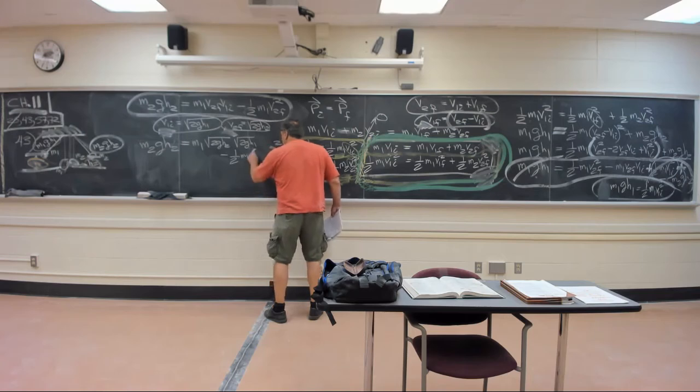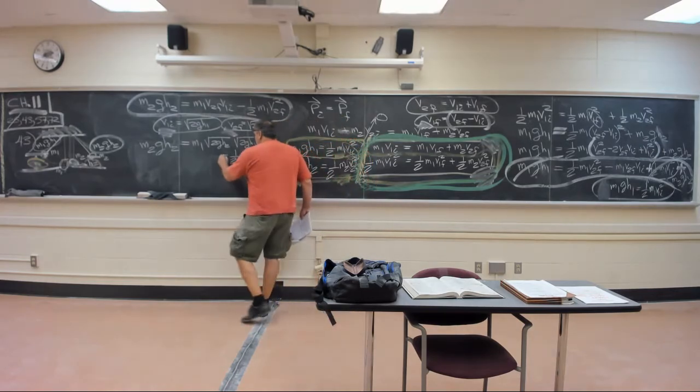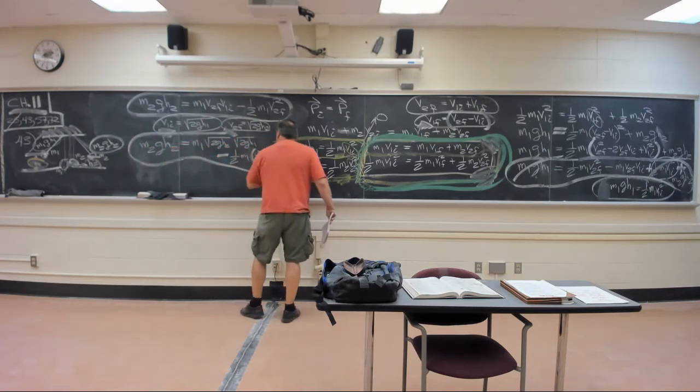V2F squared is the square root of 2GH2 squared. Okay. It's a bit of a mess all the way around.